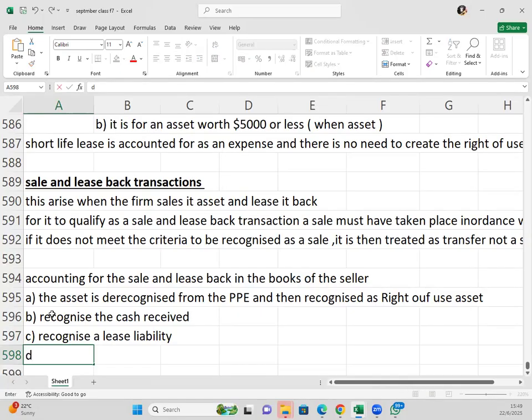Then if you sell an asset that you had, and then you decide to lease it back, remember, disposal can result in a profit or loss on disposal.